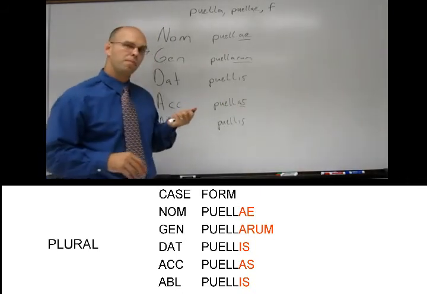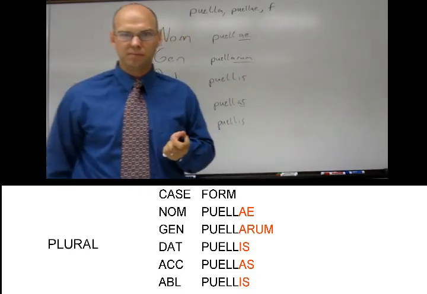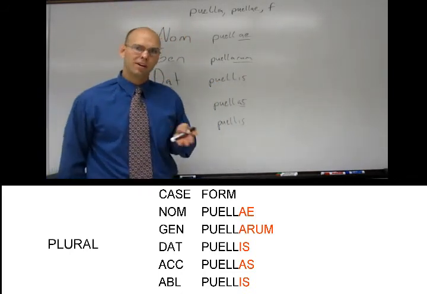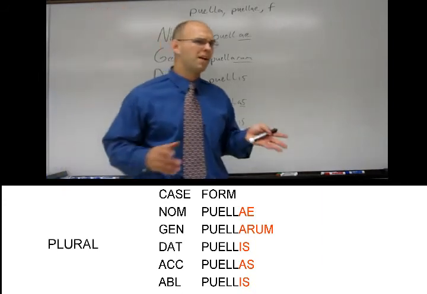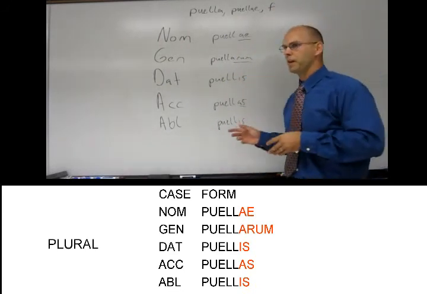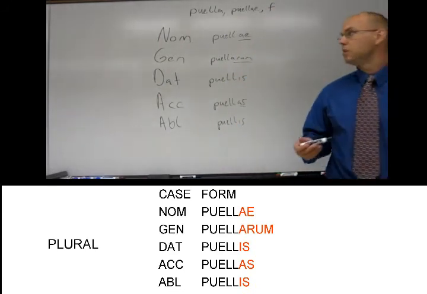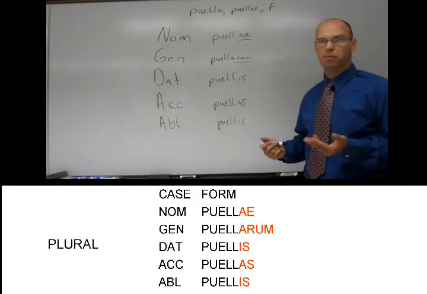But the most important part right now is that you memorize these endings. There's no real trick to get out of it. It's just straight memorization. So the better you are at memorizing things, the easier this will be. If you have a tough time memorizing, you're just going to have to work a little bit harder at it and put more time into it.